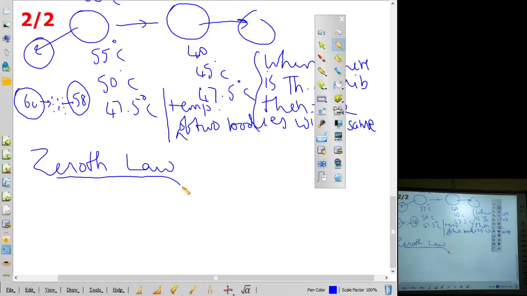Let us take three bodies into account. This is one body. This is the second body. This is the third body. First body and the second body, there is no heat transfer. First body and third body also, there is no heat transfer.